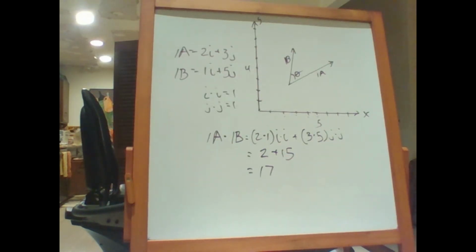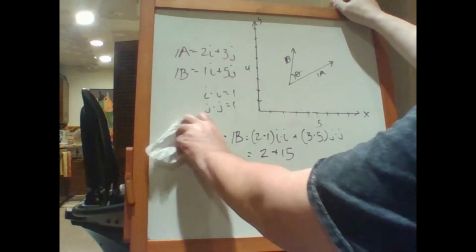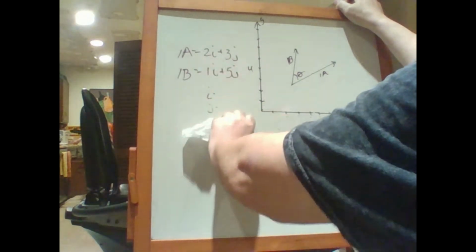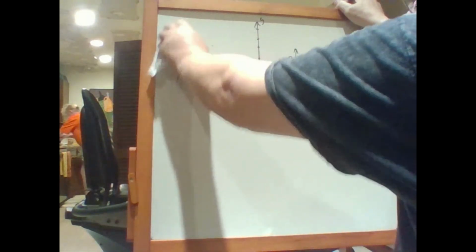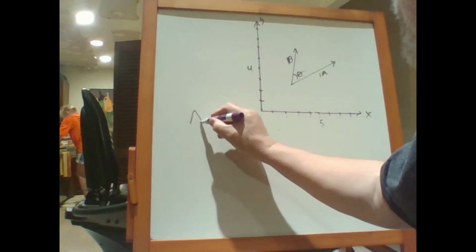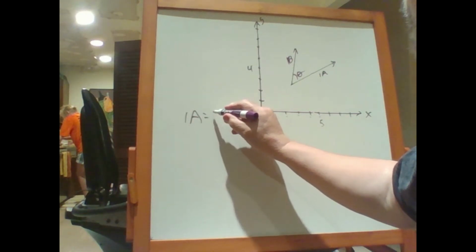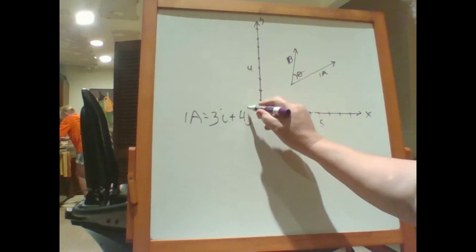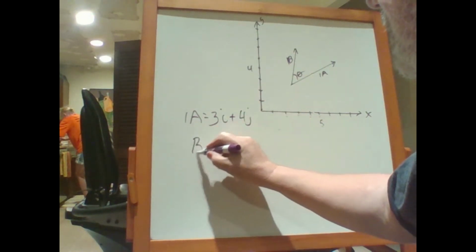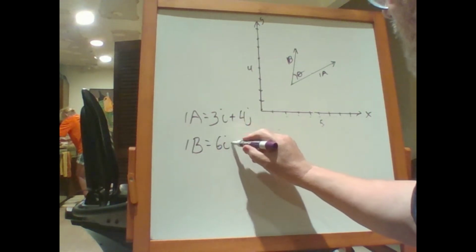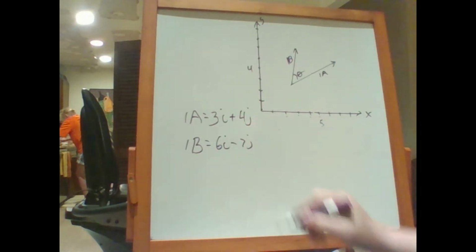So that's A dot B. Let's take another quick look at another one. Another example, let's say vector A is equal to 3i plus 4j, and B is equal to 6i minus 7j.